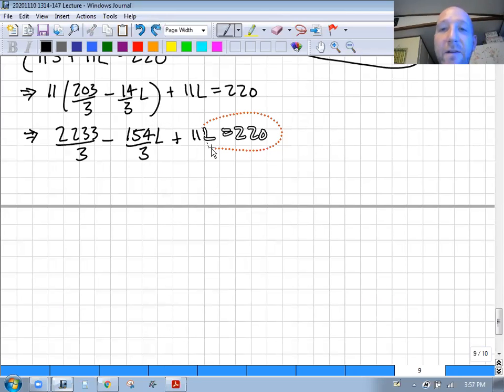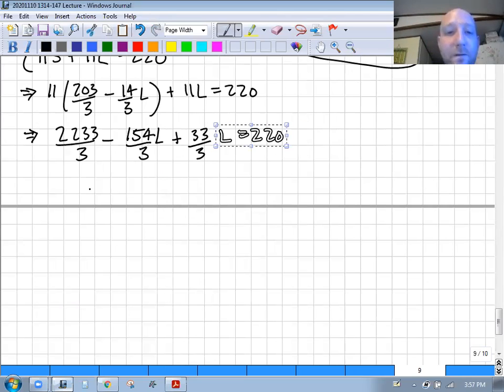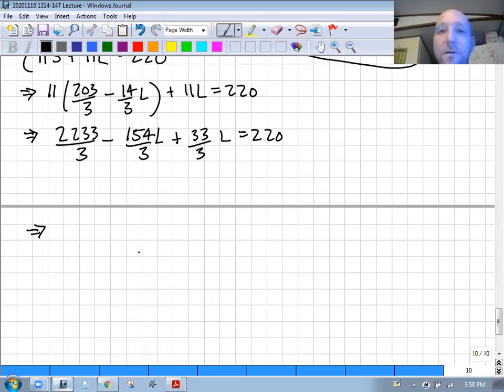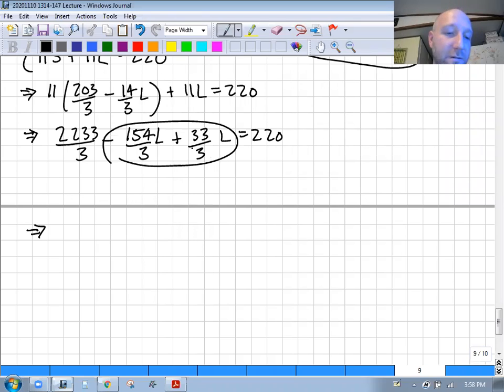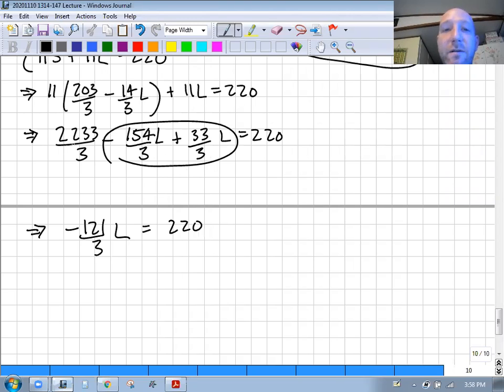If we rewrite 11 in terms of thirds, 11 would be 33 thirds, right? So just looking at our L's here, 33 minus 154 is a negative 121 thirds L. That's going to be 220.